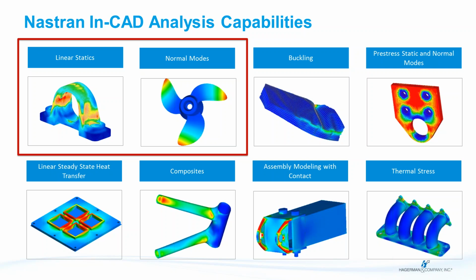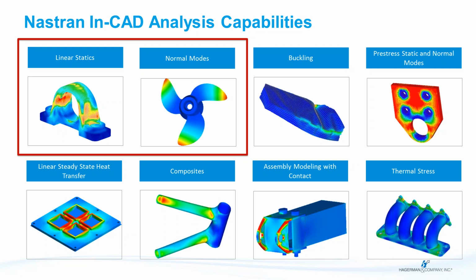Nastran In-CAD certainly can do those, but we can also look at buckling and assess the stability under given loads, examine structures for sudden failure modes caused by compressive forces, critical loads and mode shapes, or linear and nonlinear initial stress. We can look at pre-stress static and normal modes. This enables engineers to analyze structures subjected to initial stress and model the effect of the initial stress state on the structure's displacement, stresses, and modes.